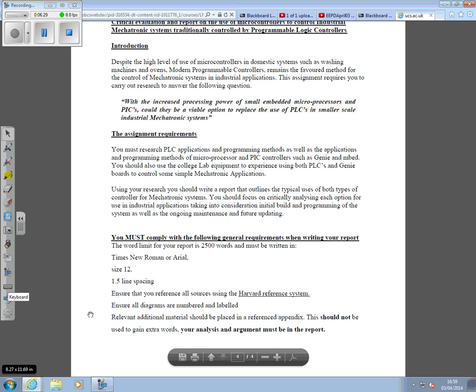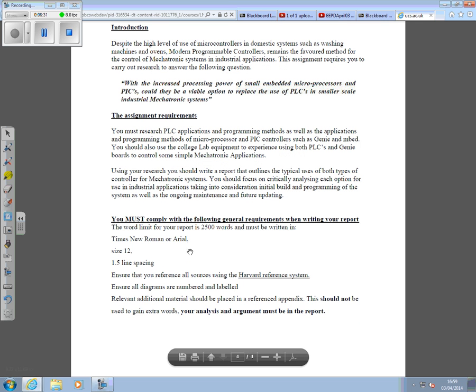The other thing I want to point out to you: the word limit is 2,500 words. There's the usual thing about the font and line spacing, and the Harvard referencing system. Relevant additional material should be placed in referenced appendices. This should not be used to gain extra words. Your analysis and argument must be in the main report.